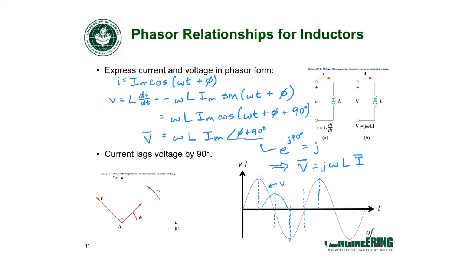So if I was to keep plotting the current graph, it would look something like this. So this is the current. Again, the magnitudes don't have to be the same. The important thing here is the positions of the maximums and minimums relative to the voltage.